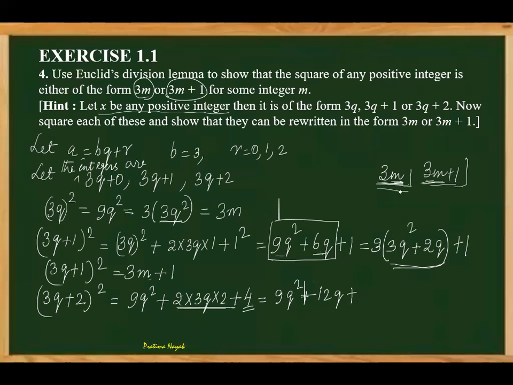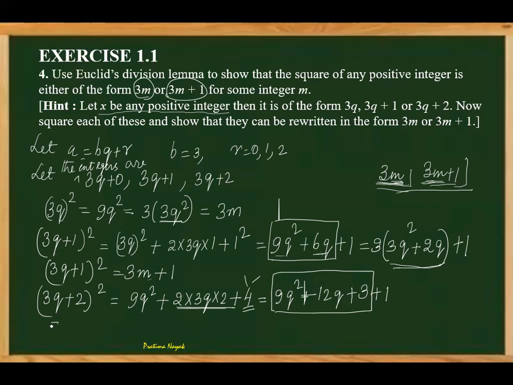Plus 4 is not there, plus 1 is there, and a multiple of 3 is there. So 4 I'll split into 3 and 1. This is the only trick you have to do here. You have to remember it.